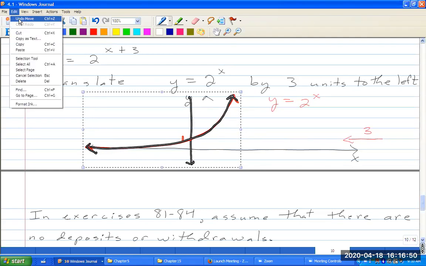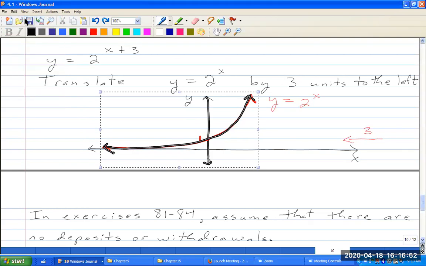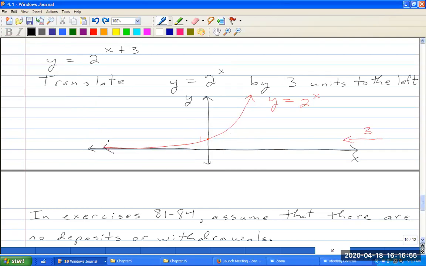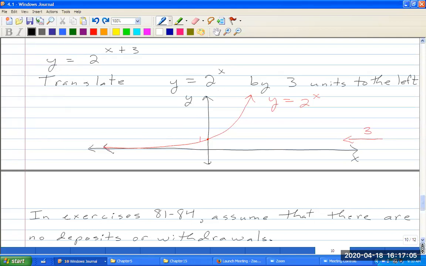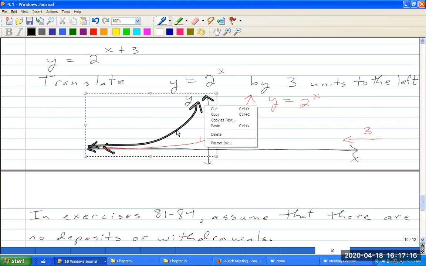It doesn't matter. Doesn't look that good. Actually, let's see if I can just move it down. Of course I can't.